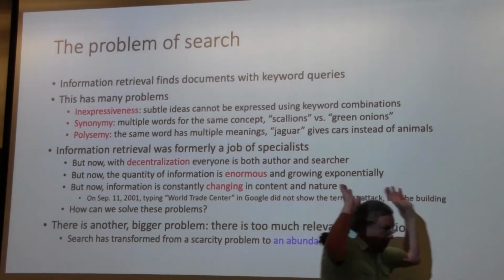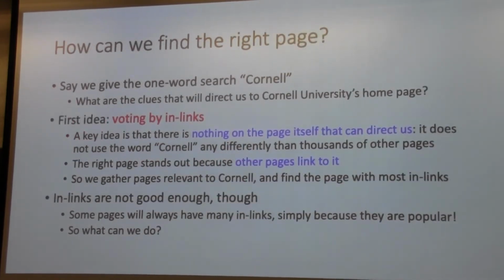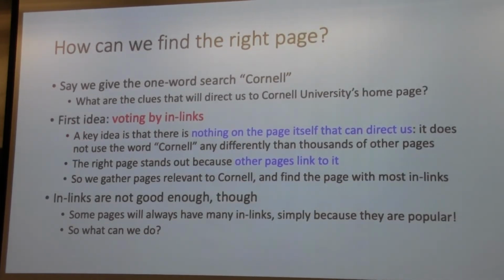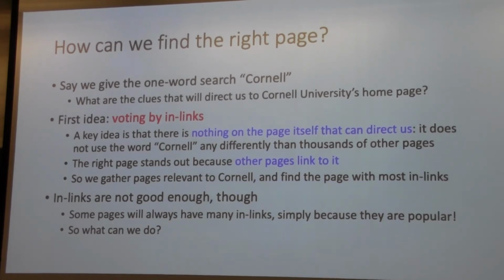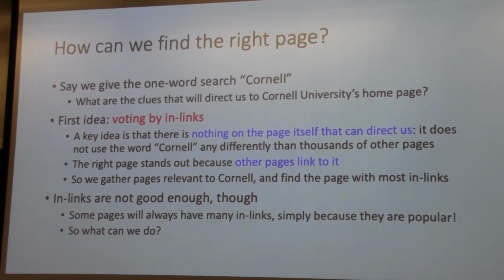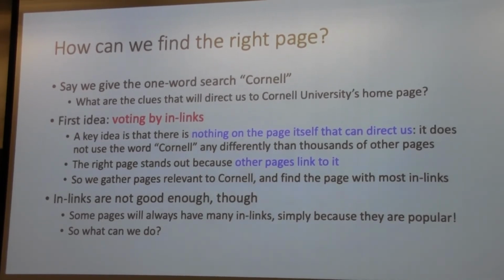The problem is there's too much. So how do you solve that? How do we find the right page? Okay, so we gave a one-word search, Cornell. There's actually a university called Cornell University, and that's what I'm interested in. But also, there are people who are called Cornell, but I don't care about them. I want the university. How do I get to Cornell University's homepage?